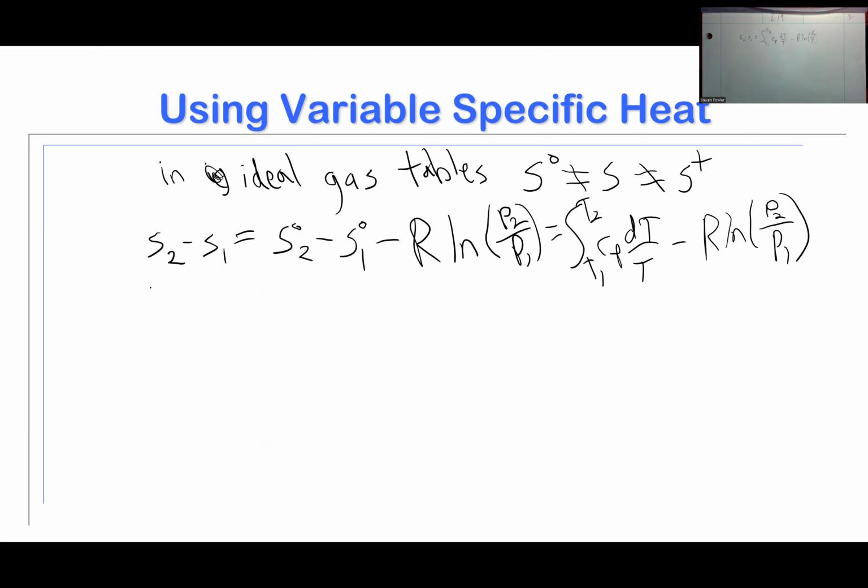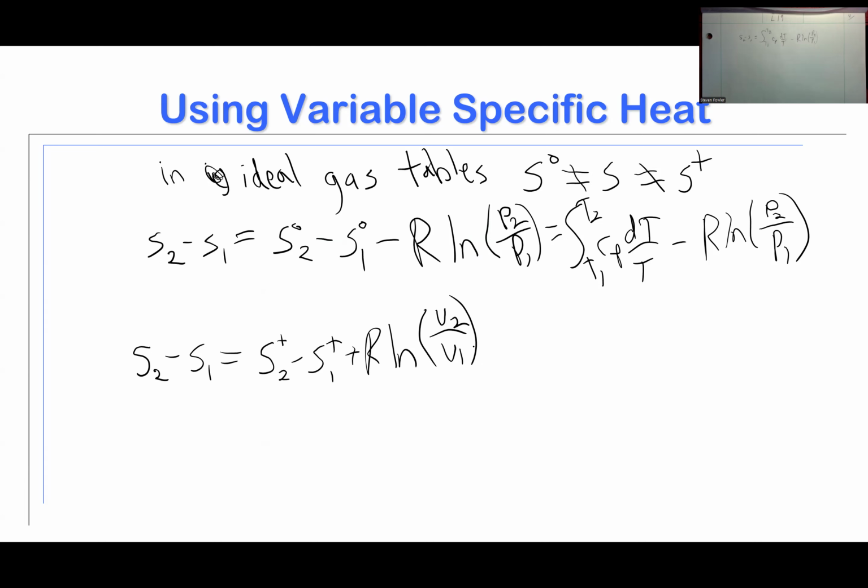Now, in the 10th edition of the text, they have added these S plus values. So S2 minus S1 is also equal to S plus 2 minus S plus 1. This version has the plus R ln V2 over V1.